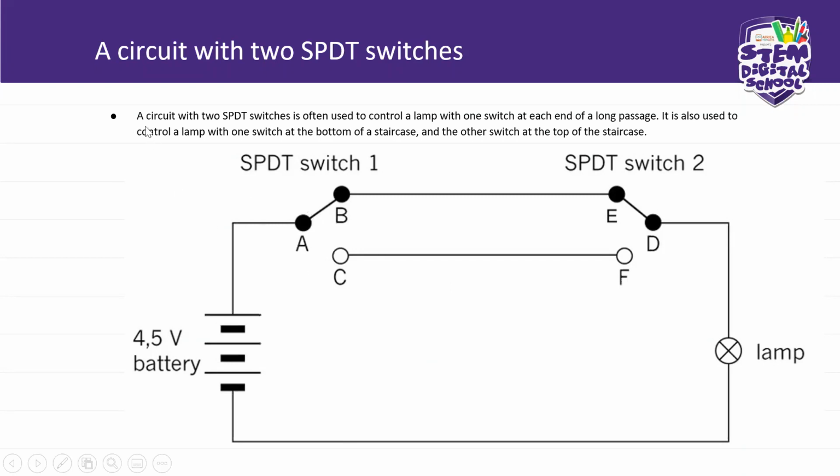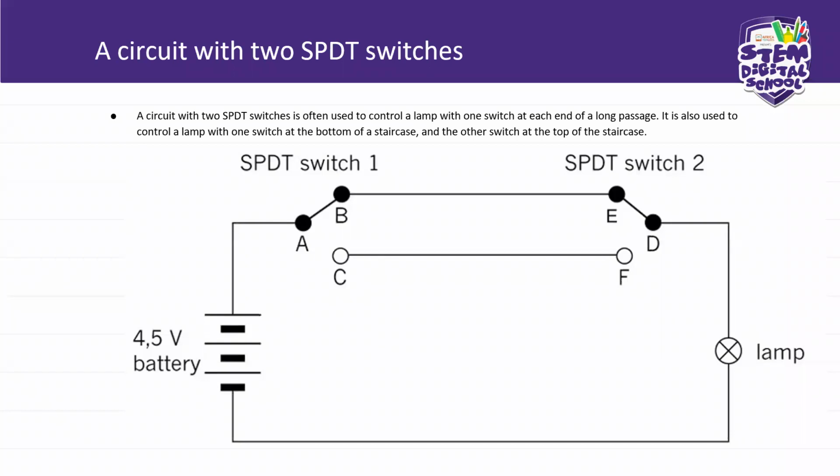A circuit with two single pole double throw switches is often used to control a lamp with one switch at the end of a long passage. In your house, for instance, it is also used to control a lamp with one switch at the bottom of a staircase and the other switch at the top of the staircase. I hope you understand me. Imagine in your house, if you have a big house, it's dark.